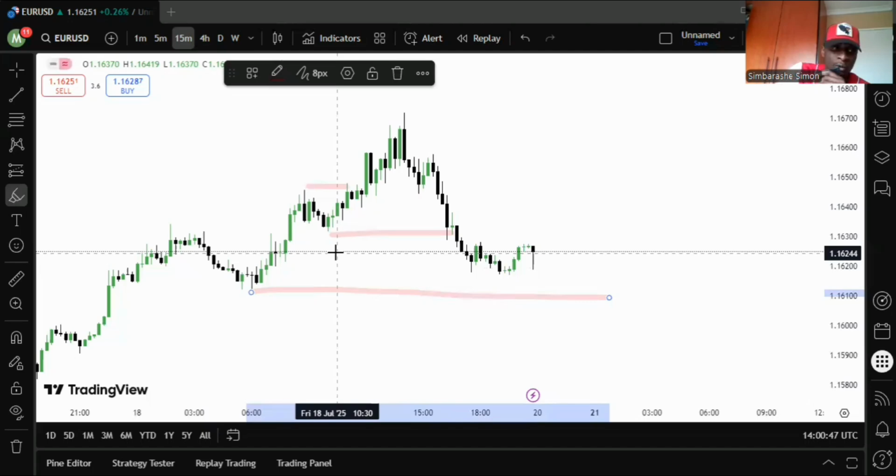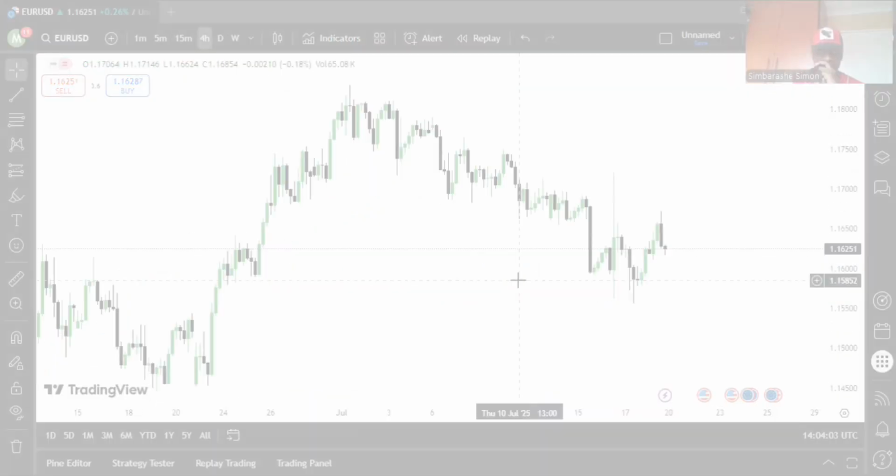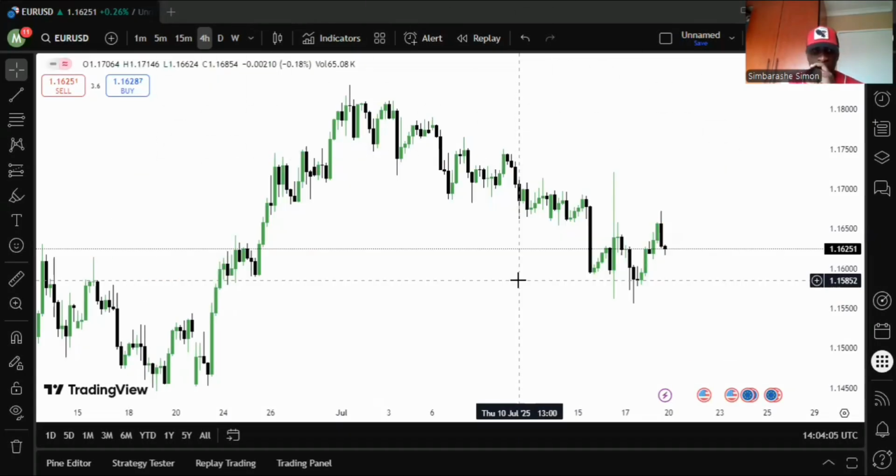Now I'm going to the next thing: supply and demand identification. So here, guys, I use 4 hour supply and demand and 15 minute supply and demand again. That's where I'll mark my zones. Like, okay, I'm looking for the market to get to this 4 hour or 15 minute supply and demand. Then I'll wait for action and I can take a trade from there.